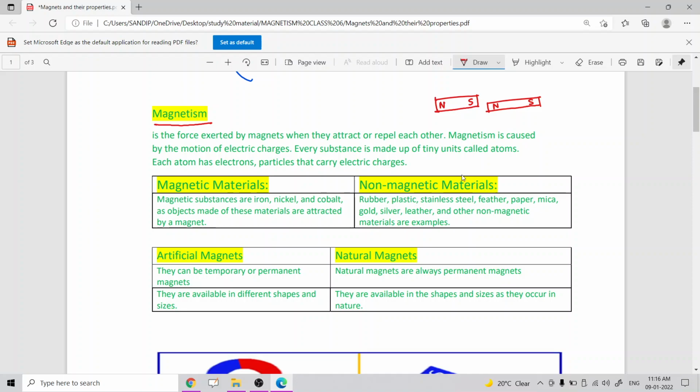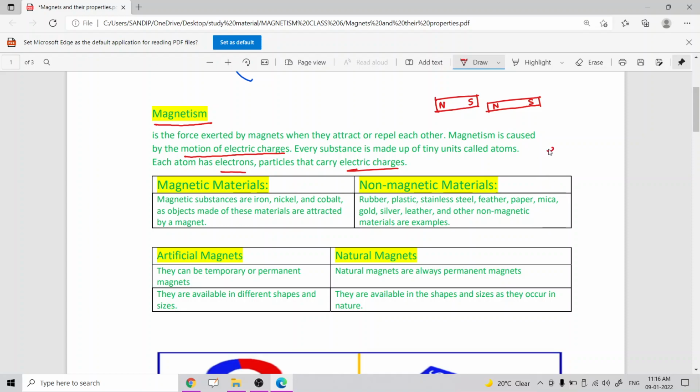Now, how is magnetism created? Generally, magnetism is caused by the motion of electric charge. For every magnetic substance there are atoms, and each atom has electrons, particles that carry electric charge, or negative charge.